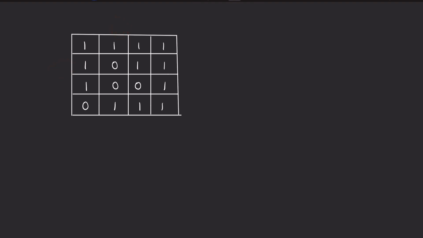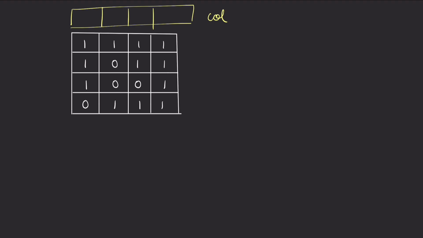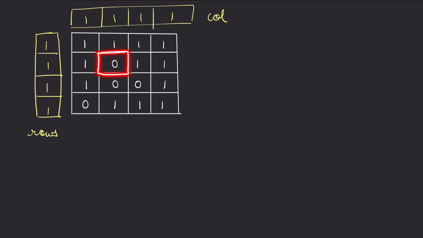So let's suppose I have an array here which is the same size as the number of columns, and it is named column. And I have another array here whose size is the same as the number of rows. This is for rows. Let's suppose all the values are 1 initially, right? So whenever you encounter a 0, you will mark its corresponding column and row.